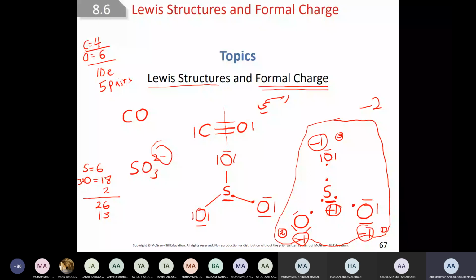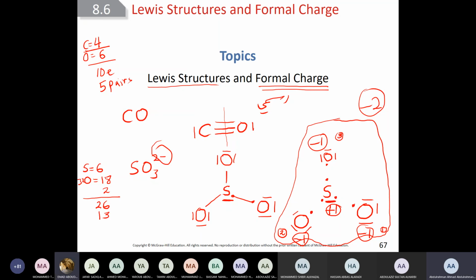So you are absolutely right. It is the minus 2. Do you know how to do the formal charge? Any question? Yes. Okay, good.